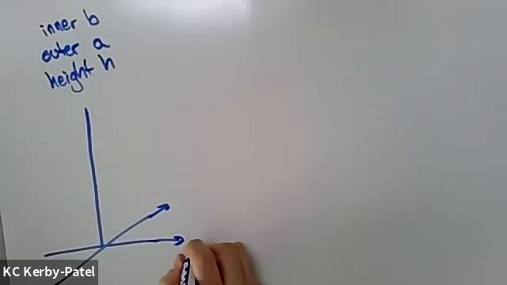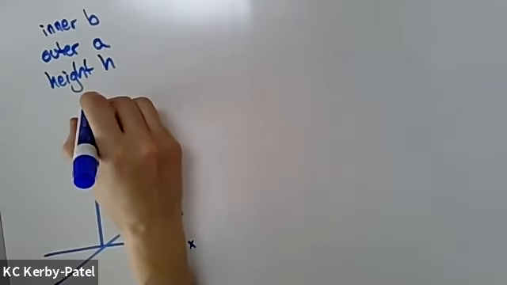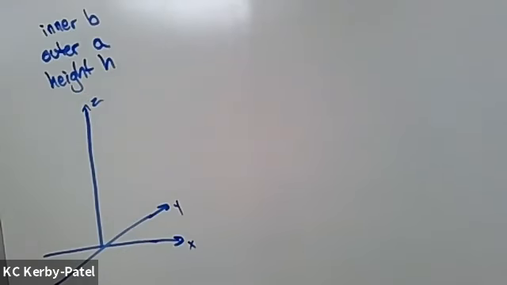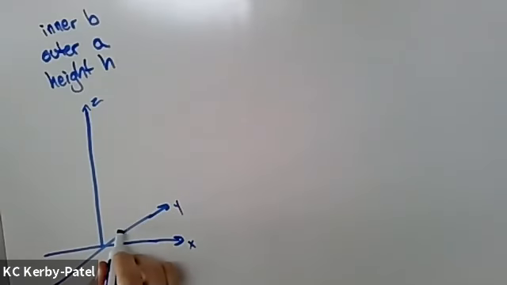I still like to draw my Cartesian coordinate system, even though we're going to work in cylindrical, because it helps me to organize my thoughts. So far, so good. Now, here's my situation.